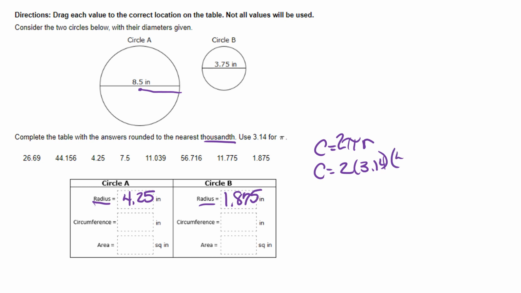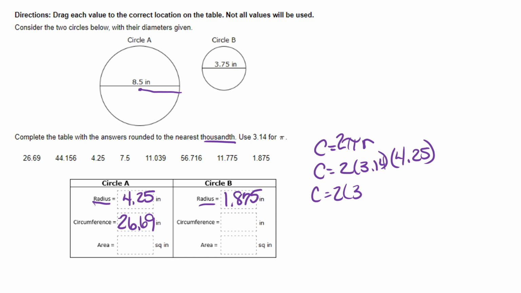So I'm going to do the first one, and we're going to multiply by that radius of 4.25. I can type that straight into my calculator. 2 times 3.14 times 4.25, and I do get 26.69.